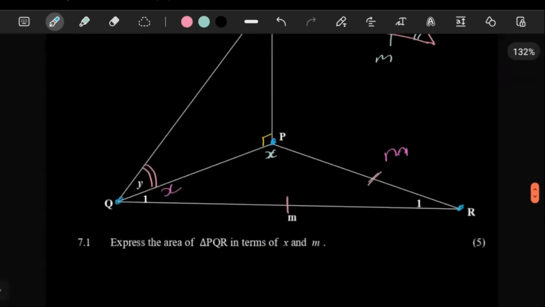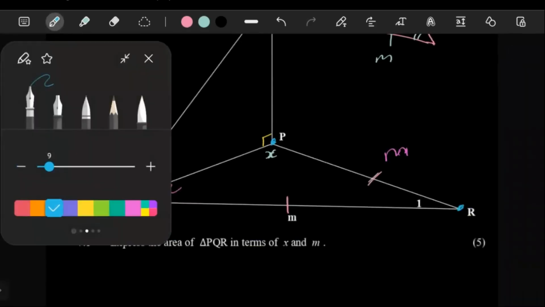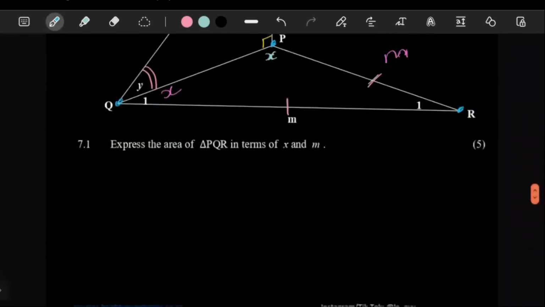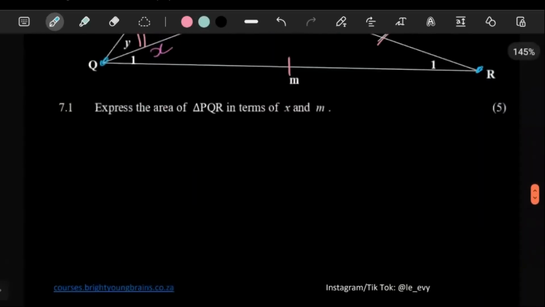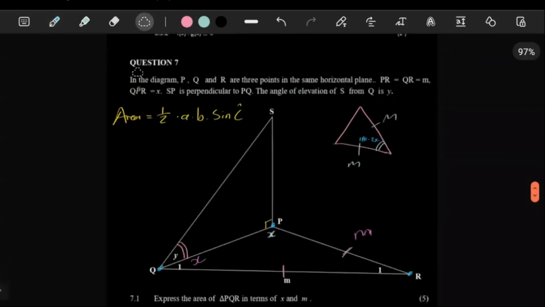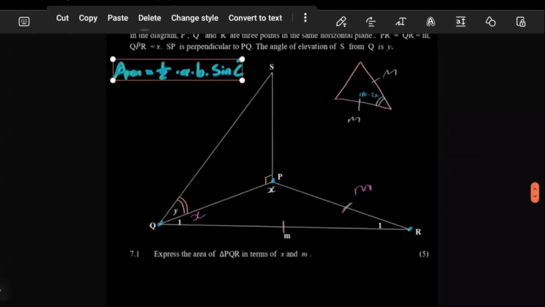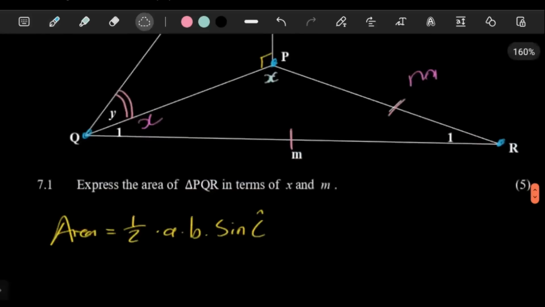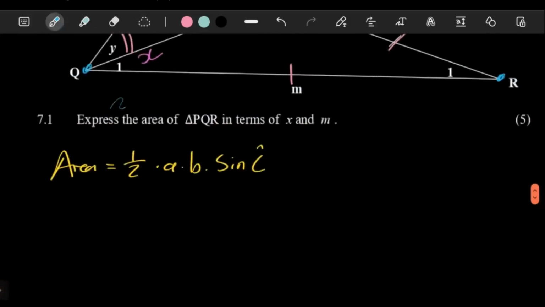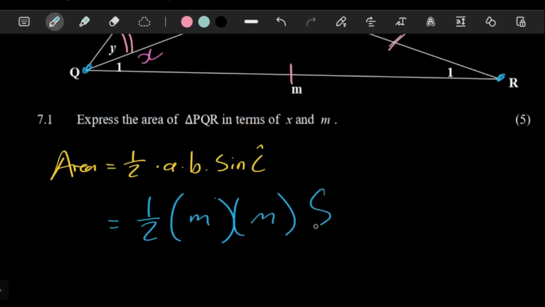So let's do it. I wrote down the area rule, it's just generic. Now, the way this is laid out, this is going to be equal to a half. A is like M again. I gave myself way too much space.